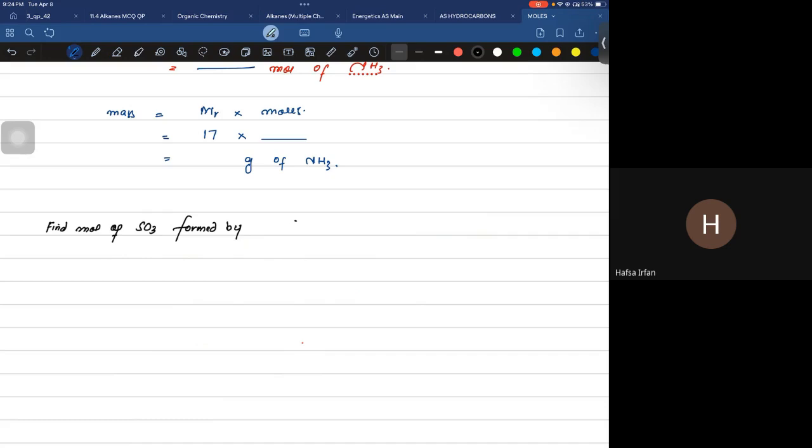I have given you the moles on the reactant side. Find the moles of SO3 formed by 0.1 mole of SO2.